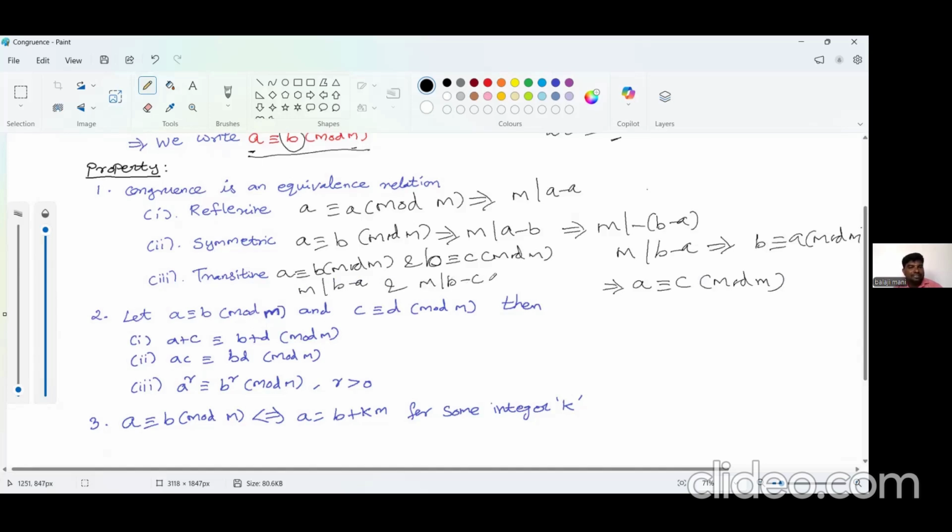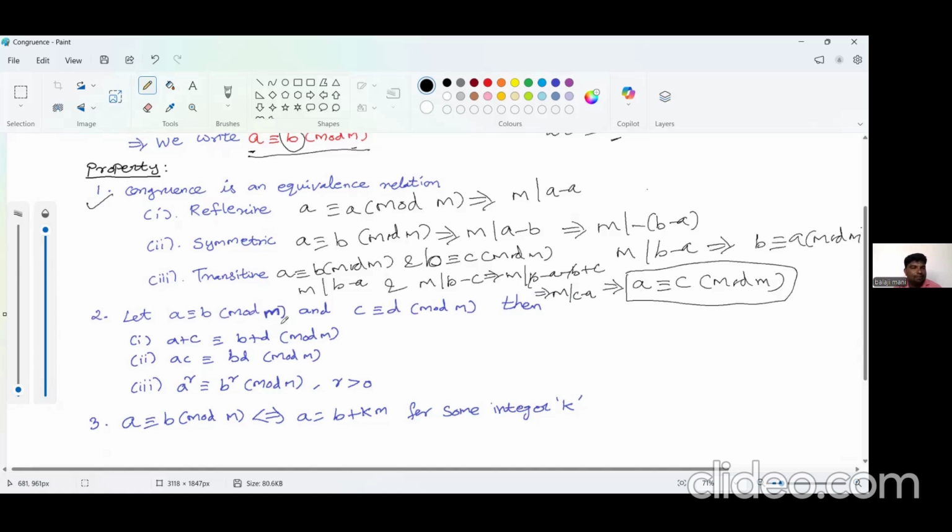Combining these two divisibilities, m divides (b minus a) minus (b minus c). The b terms cancel, so m divides c minus a, which implies a ≡ c (mod m). So the three axioms are satisfied, and congruence is an equivalence relation.